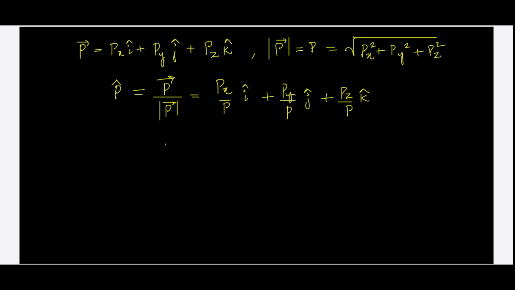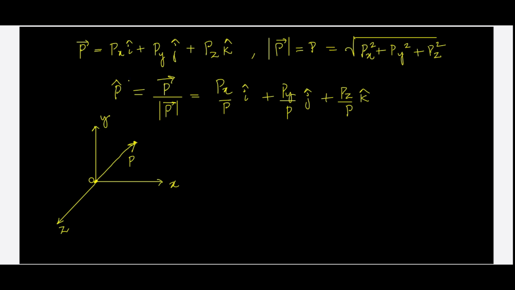So now how will we determine the direction, right? So if you take a vector P from the origin, right, this is your x-axis, this is your y-axis, and this is your z-axis, right? x, y, and z.